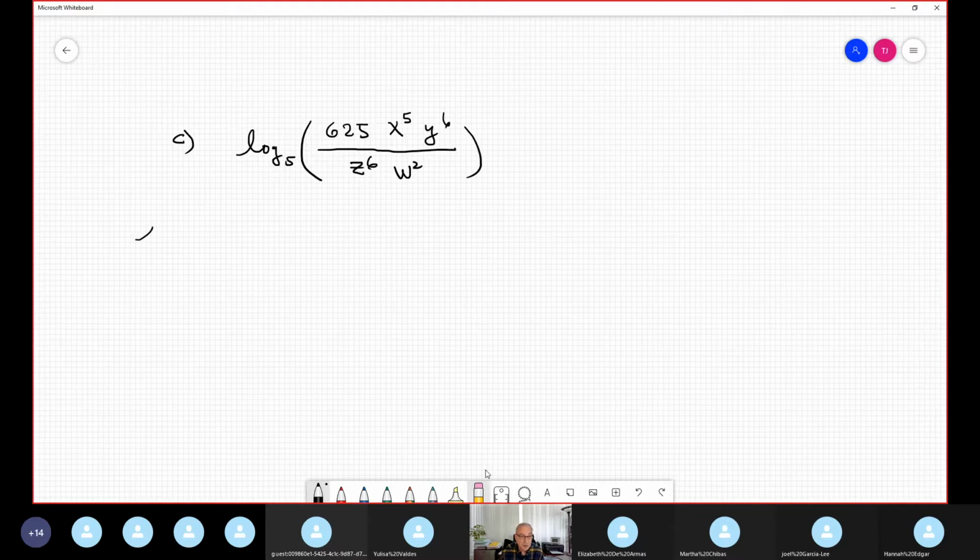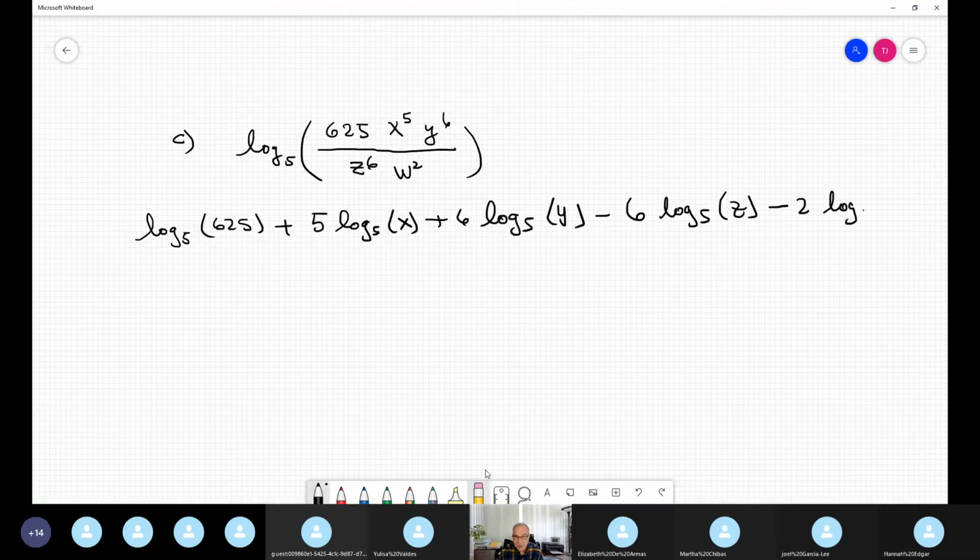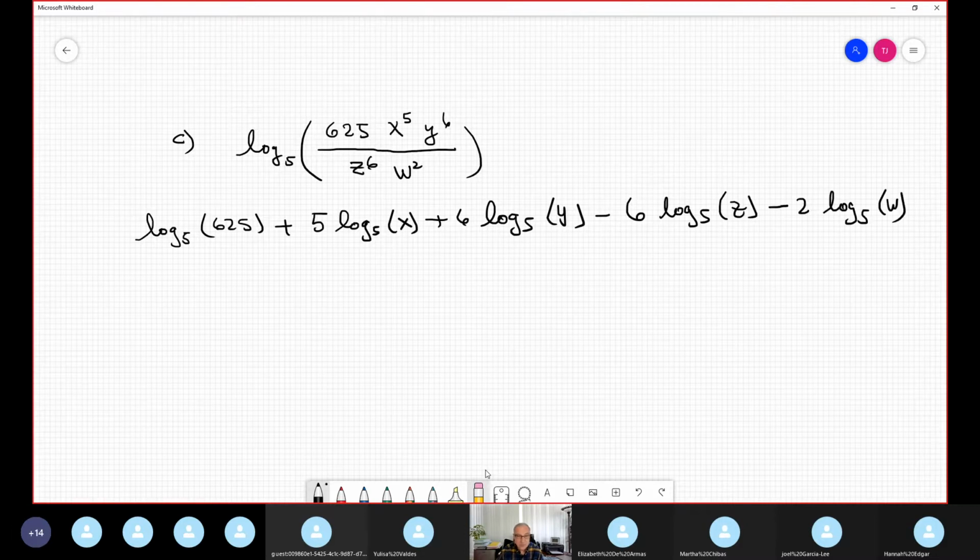Okay, you expand. It's the logarithm base 5 of 625 plus 5 times the logarithm base 5 of x plus 6 times the logarithm base 5 of y minus 6 times again the logarithm base 5 of c minus 2 times the logarithm base 5 of w. Okay, so my goal is to compute this logarithm.